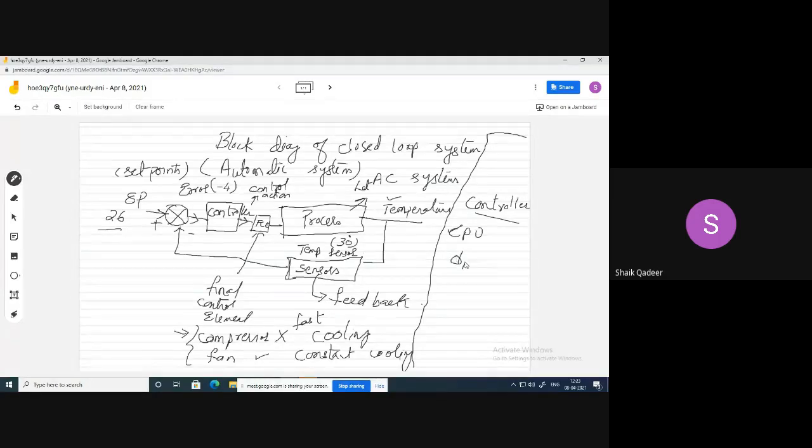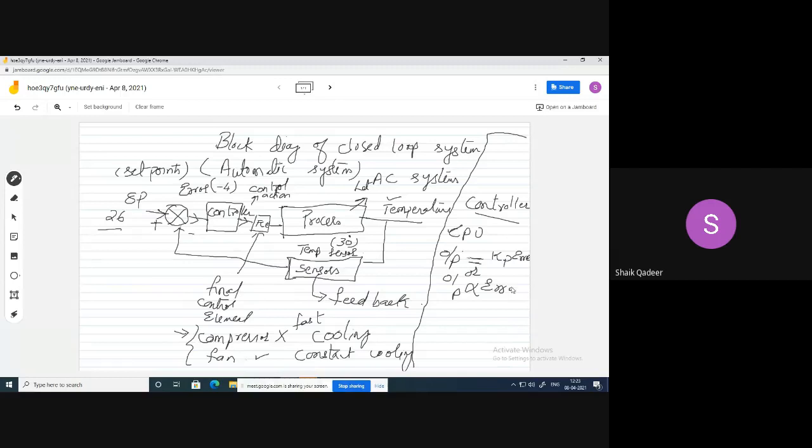The output of the controller is, suppose, equal to Kp times the error value. Or the output is directly proportional to error.